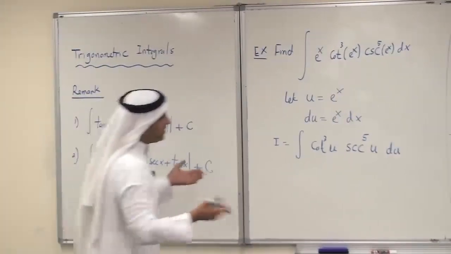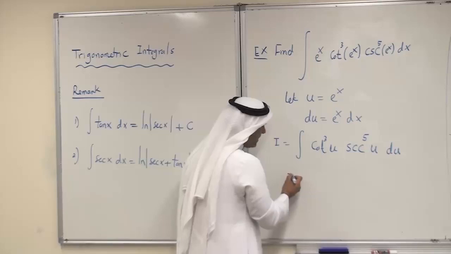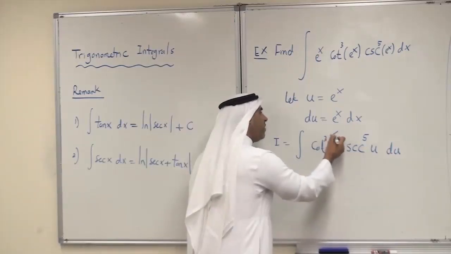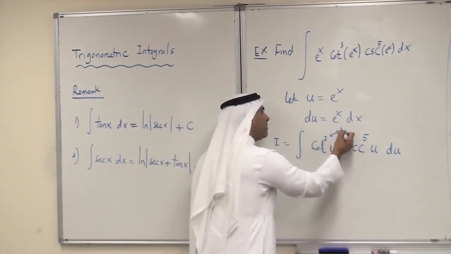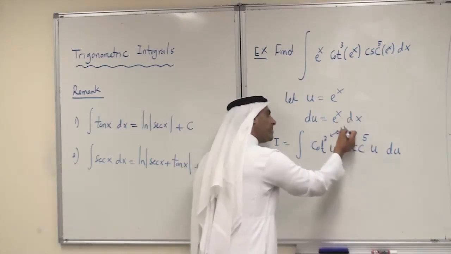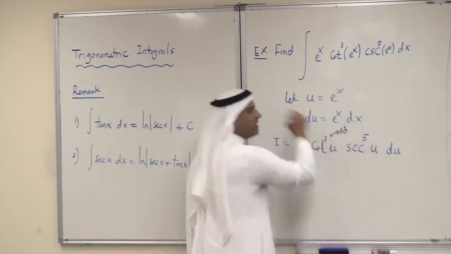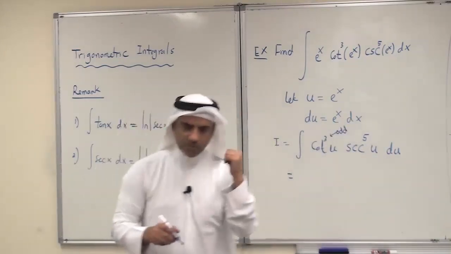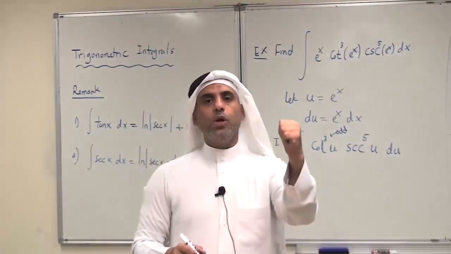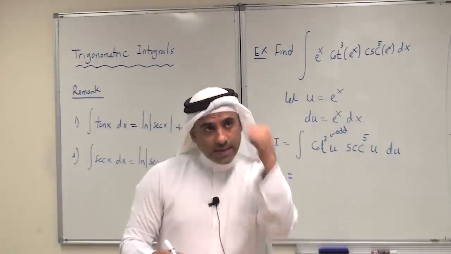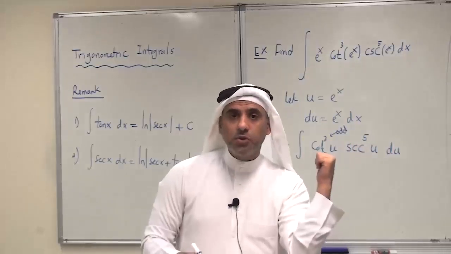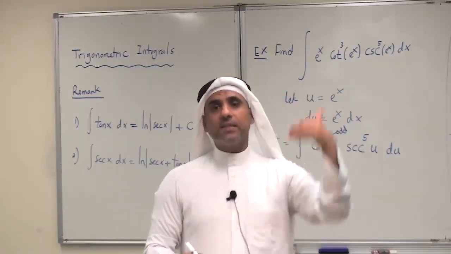Now what case do we have here? Cotangent has an odd power. So we do the same as the case for tangent. In the case of tangent, we usually separate tangent and secant. Here we will separate cotangent and cosecant.